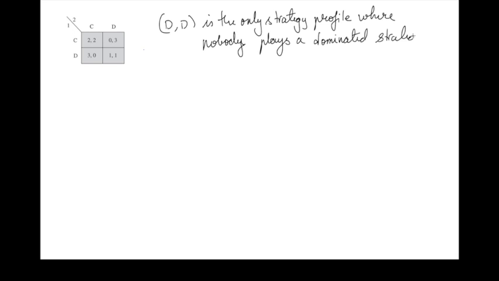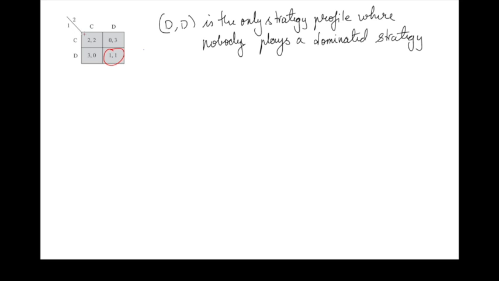So the only option here is for players to play D-D. So in this game, we should expect the outcome to be that they both defect from their original agreement and they get the relatively harsh punishment.